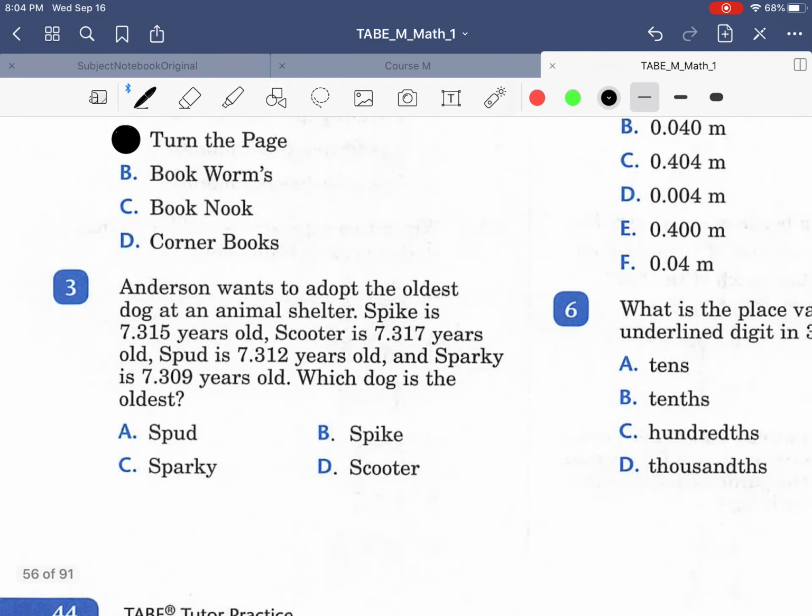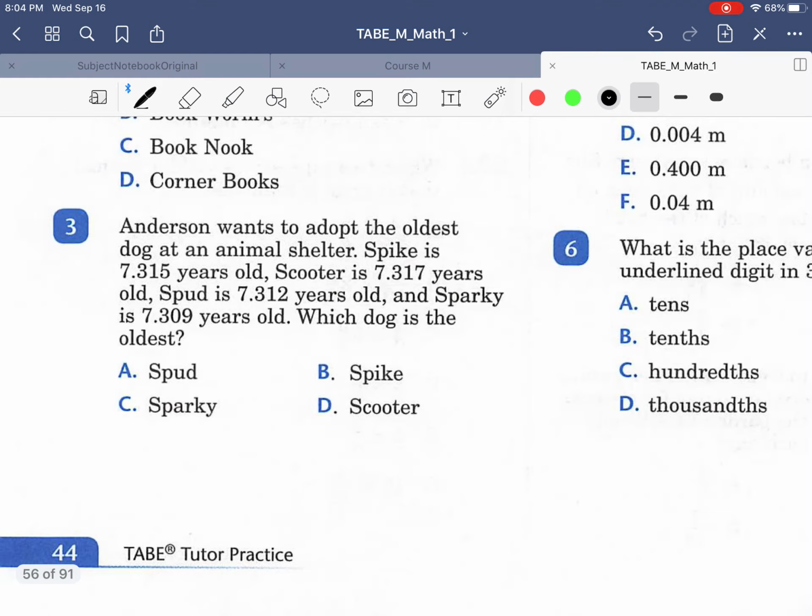Number 3. Anderson wants to adopt the oldest dog at an animal shelter. He wants the oldest. Spike is this many years old, Scooter is this many, Spud is this many, Sparky is this many. Which dog is the oldest?